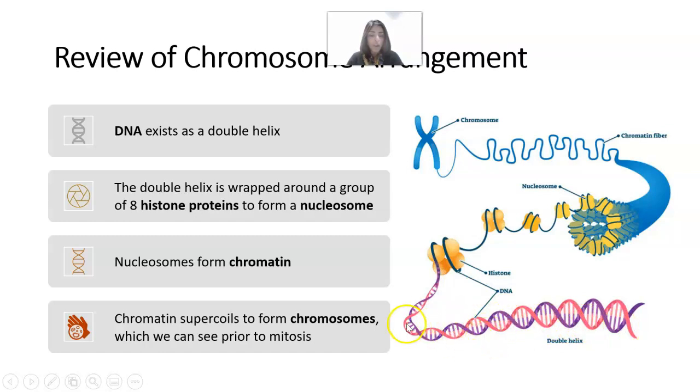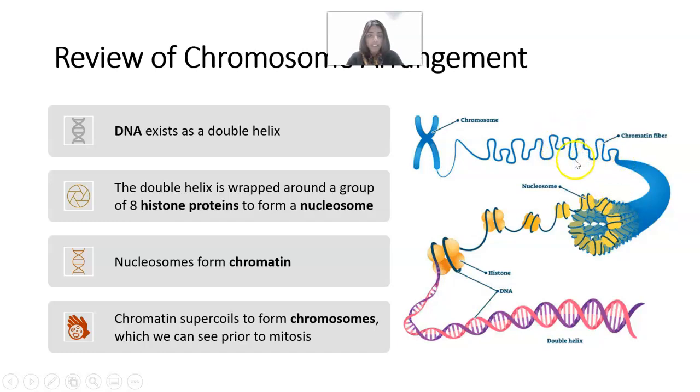So in order to compact that up and to save space, that nuclear material is wrapped around a group of 8 histone proteins, and this forms a nucleosome. So the DNA, which is wrapped around those 8 molecules, is a nucleosome. Now these nucleosomes all coil up and condense into what we know as chromatin.